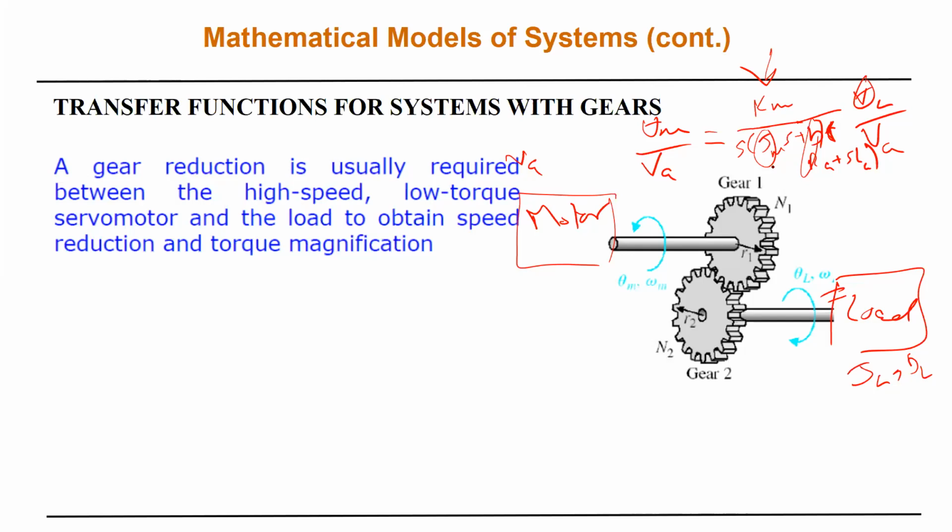How can you have an equivalent moment of inertia for the system? Well, suppose I have R1, L1, V1 or V input, and an ideal transformer.